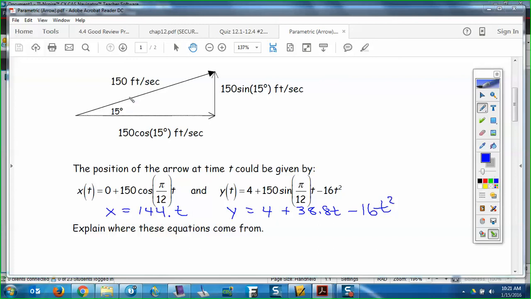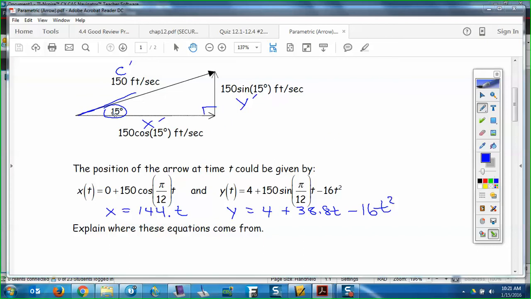Now explain where those come from. Well, if you launch a projectile at a 15-degree angle at this velocity, I'll call this distance X. This would be its horizontal and vertical velocities. It would just be right triangle trig, right?